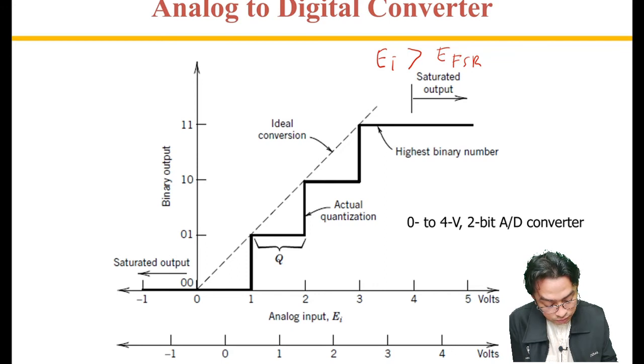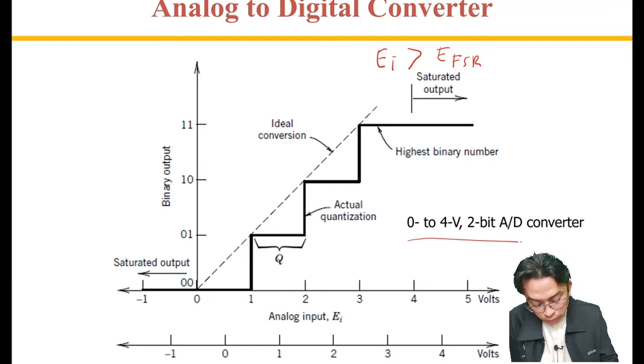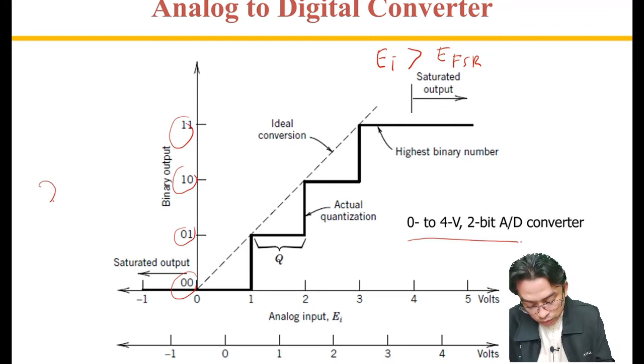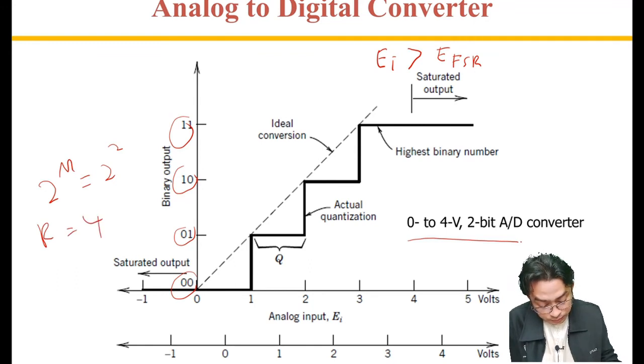For example, we have a 4 volt 2-bit AD converter here. So we have 2-bit or 4 grids, 1 2 3 4, for 2 power of m. So the resolution is equal to 4. For this case, the maximum is 4 volt.